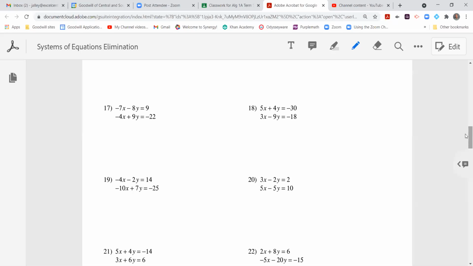If we're going to change these y terms, we have to get them both up to 72. Those numbers scare me a little bit. I don't want to have to go to 72 if I can avoid it. So this means I'm probably going to move towards eliminating x. So I'm going to have to multiply the first row by 4, the second row by 7, and one of these has got to be a negative.